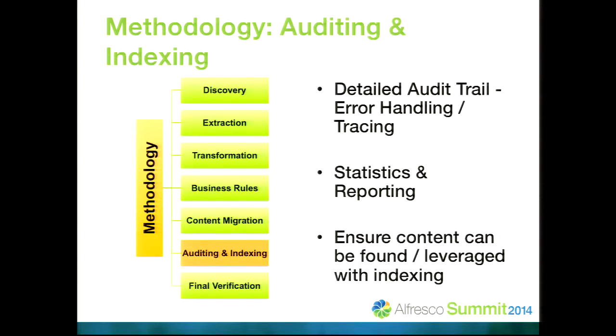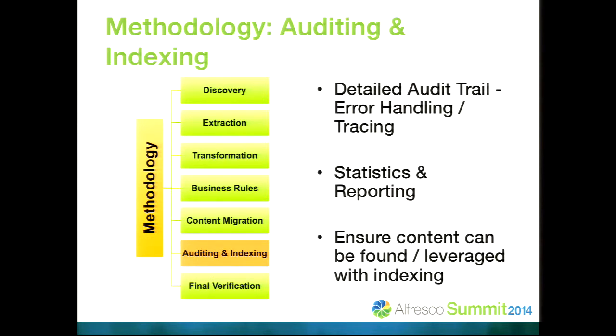Okay. Next is auditing and indexing. Auditing and indexing will happen at the very beginning when you're doing discovery. It'll also happen while you're putting content into the system. But really, this is important for those scenarios where you need an audit trail, where compliance is key.